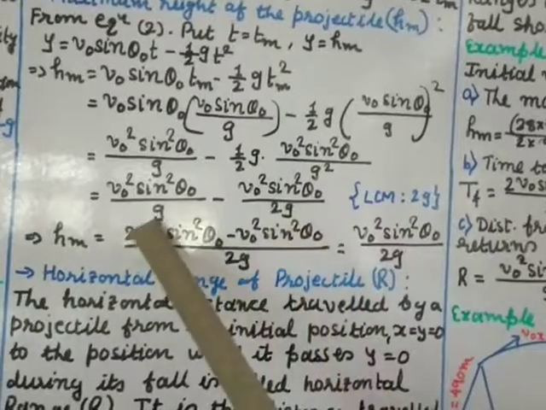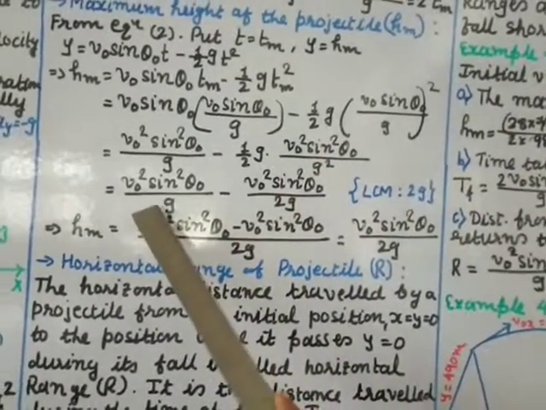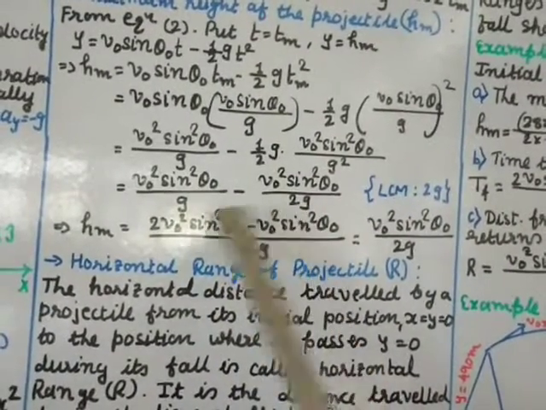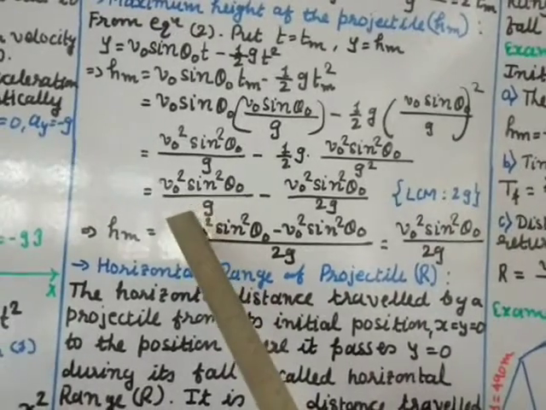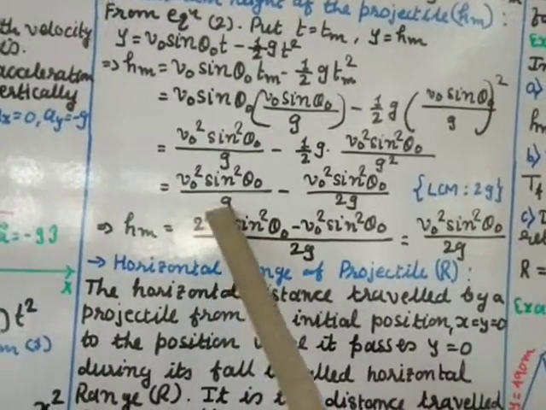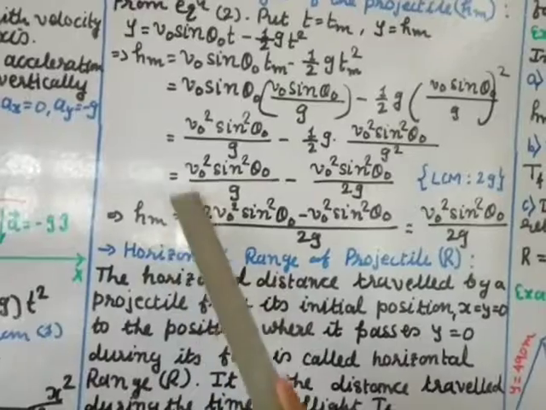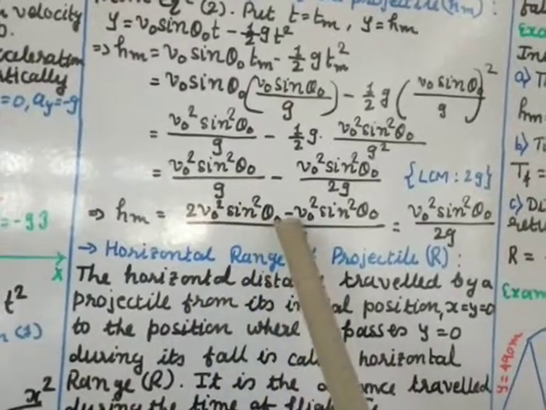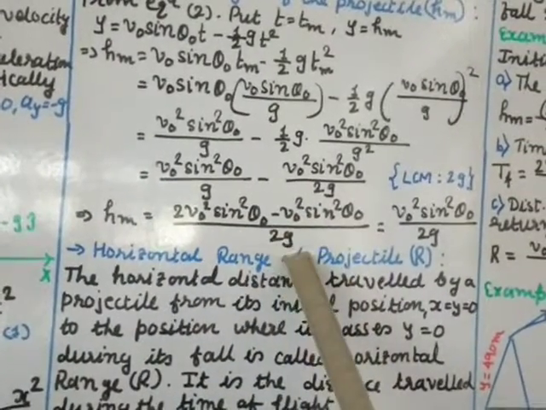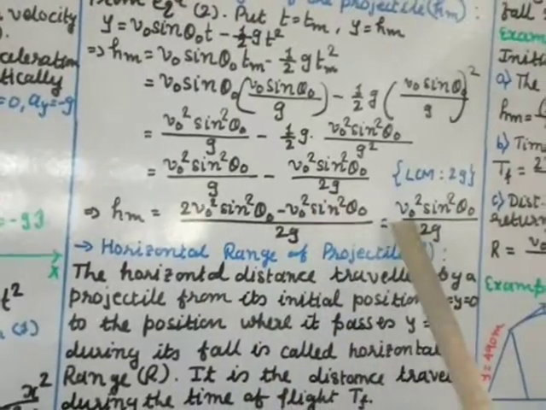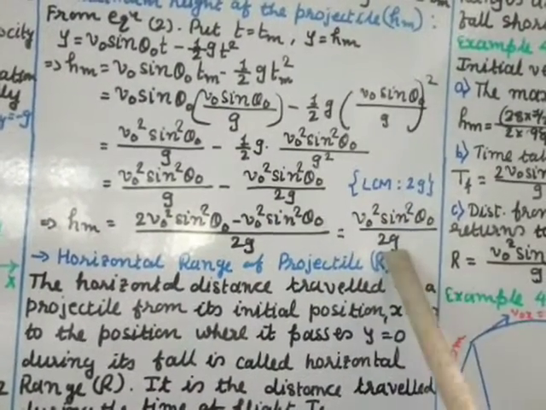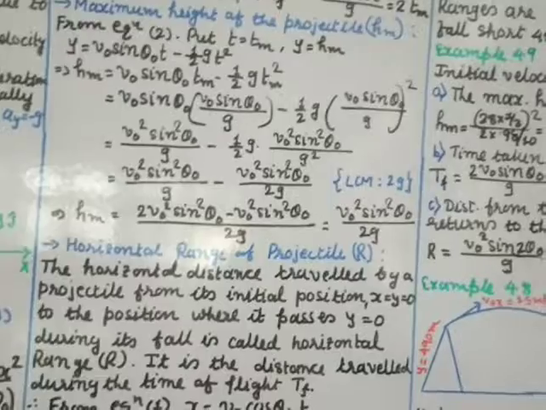Now the LCM is 2g, so multiply by 2 in the numerator and denominator of the first term. So hm equals 2 v naught square sine square theta naught minus v naught square sine square theta naught by 2g. Finding the difference, you get v naught square sine square theta naught by 2g. So this is the maximum height.